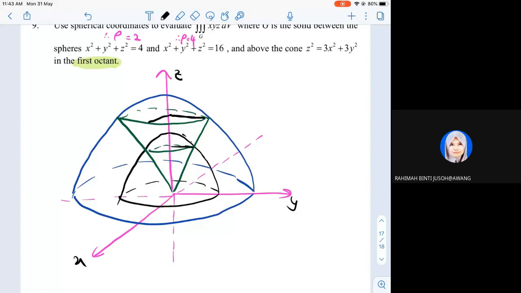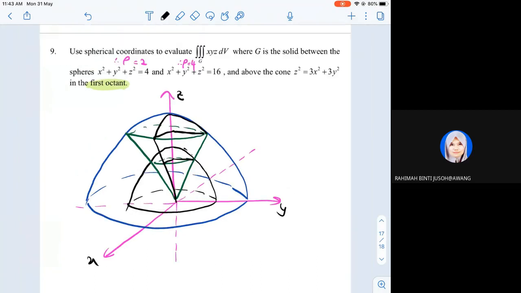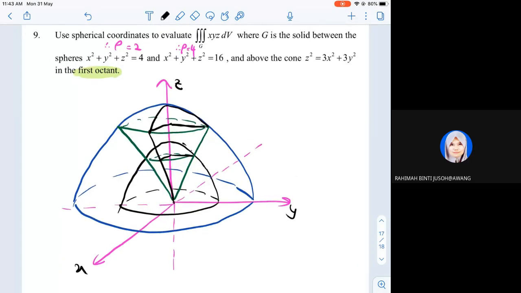Yang ni pun sama kat kawasan ni saja. So you punya bayang-bayang ni guys, dia adalah di antara dua sphere and then above the cone. Yang tu je lah. Okay.